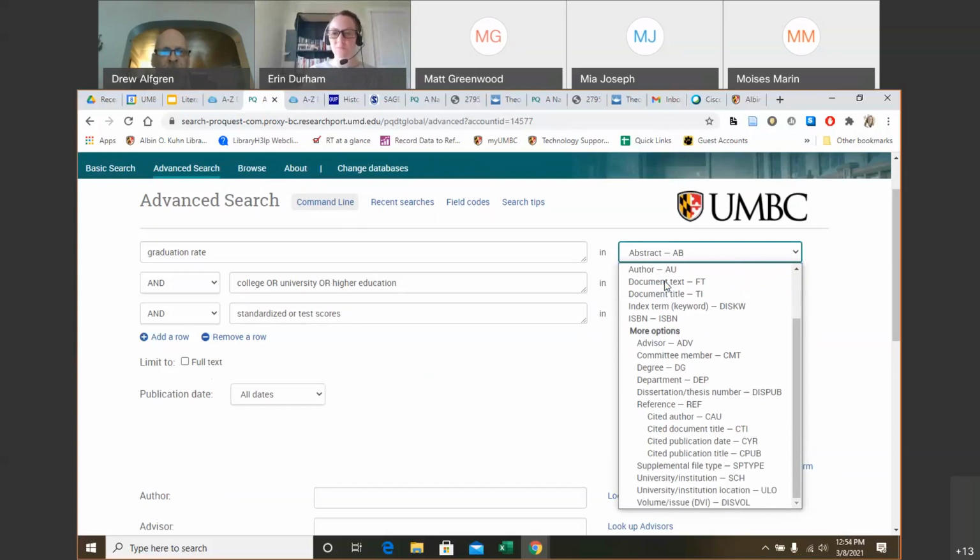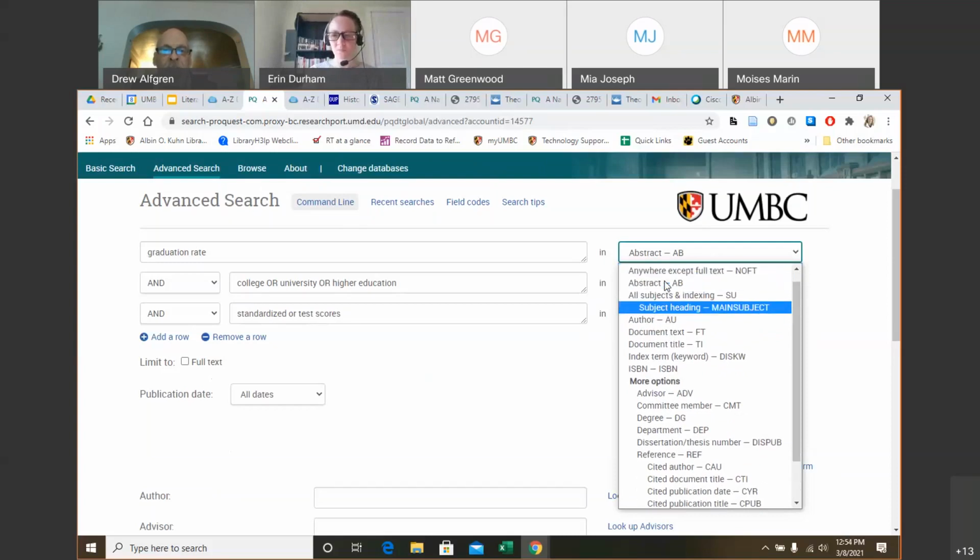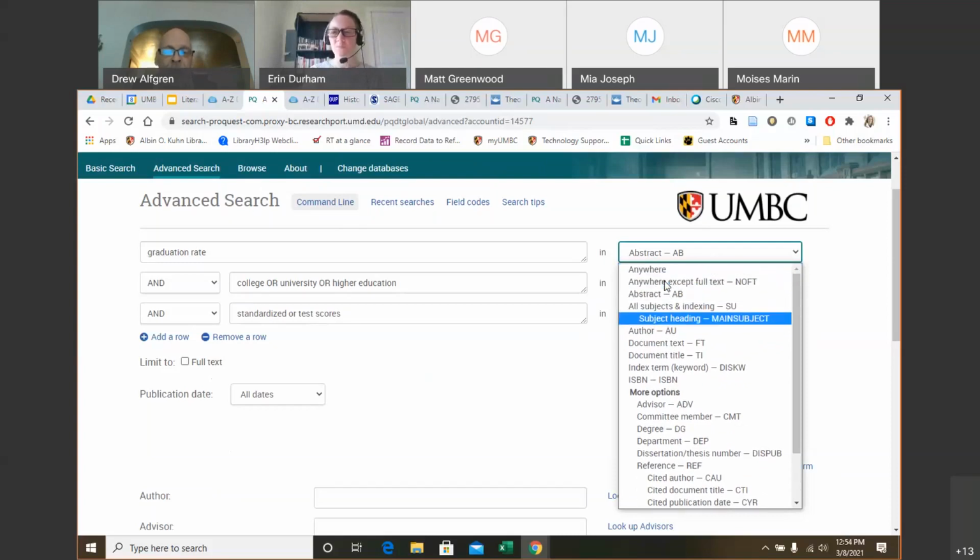They're kind of different than the ones that you find in the disciplinary, journal literature databases. These are a little broader, so you can use them. Just be aware that they're not quite as specific as the indexing terms, the descriptors you'll see in the disciplinary databases. So, yeah.